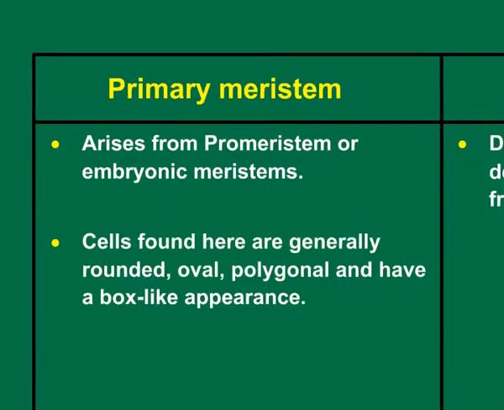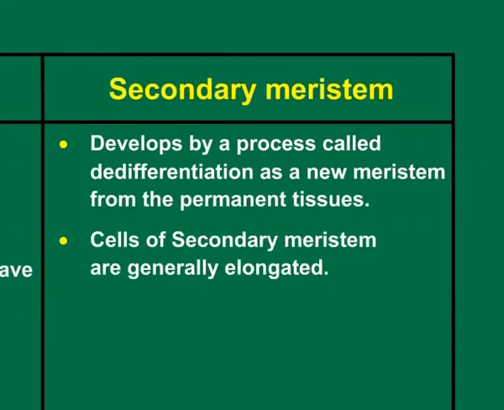Cells found here are generally rounded, oval, polygonal, and have a box-like appearance, whereas cells of secondary meristem are generally elongated.